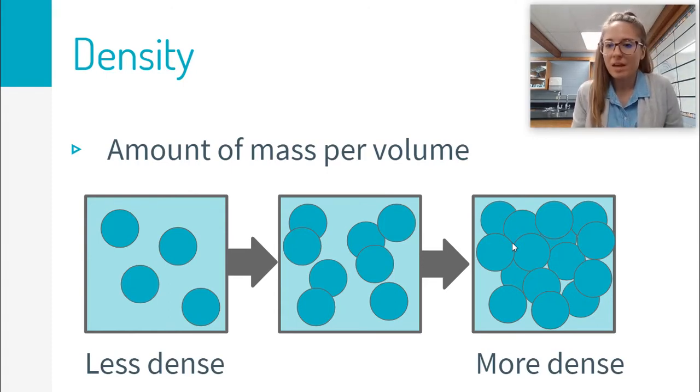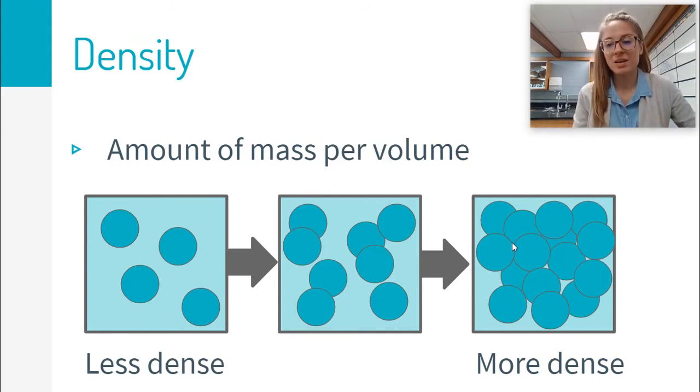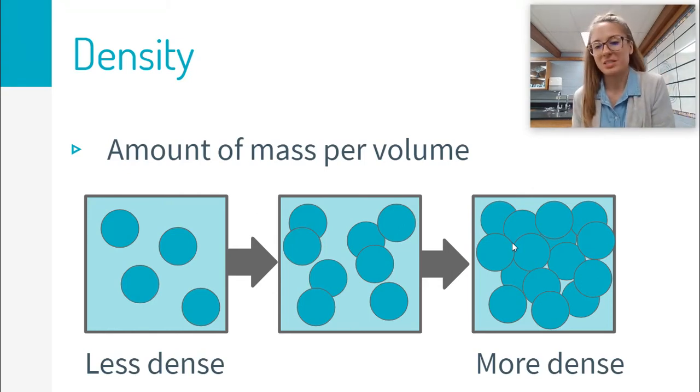As you add more and more mass into that same volume, that substance starts to get more and more dense. So the more mass per volume that a substance has, the more dense it's going to be.